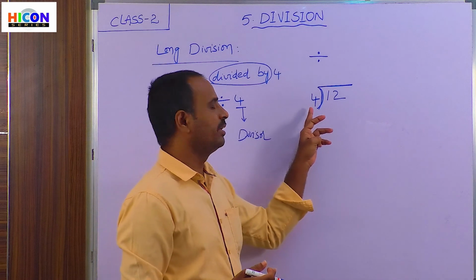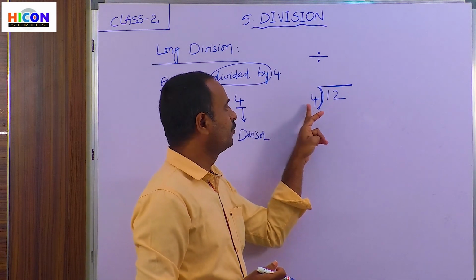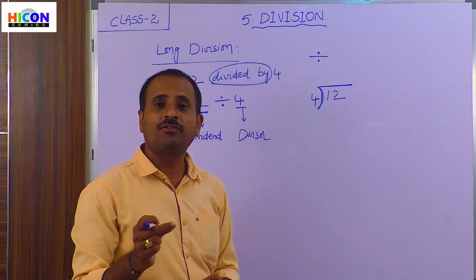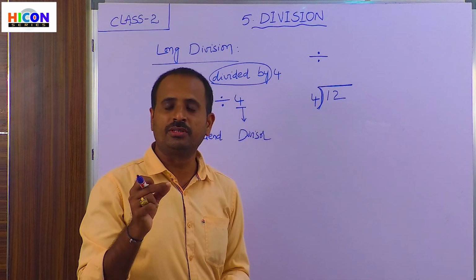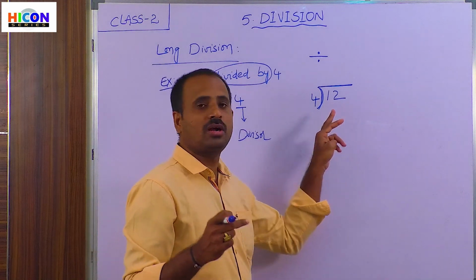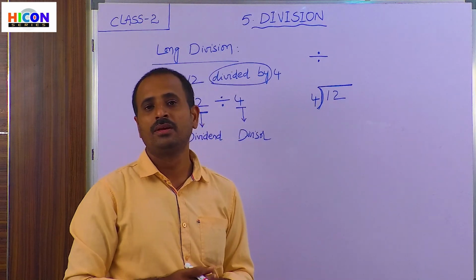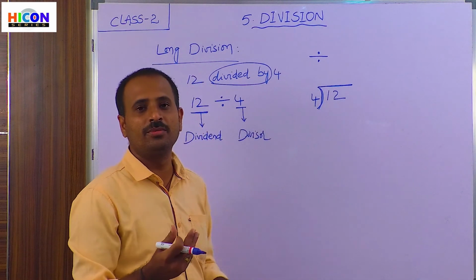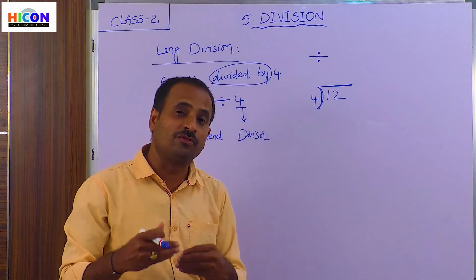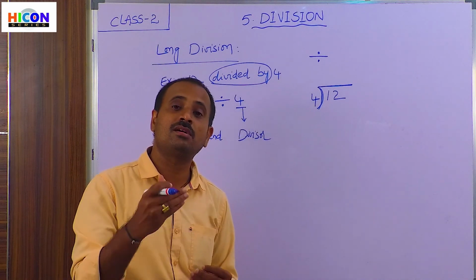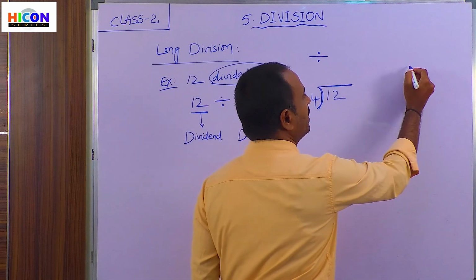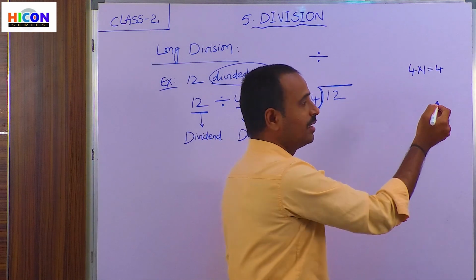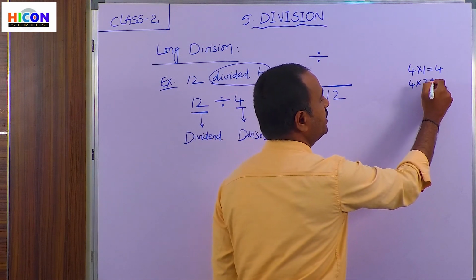Now we have to divide the number 12 by 4. What is the first step? The first step is to find how many times the number 12 comes in the fourth table. Children, let us recall the fourth table. Let us write it here: 4 ones are 4, 4 twos are 8.